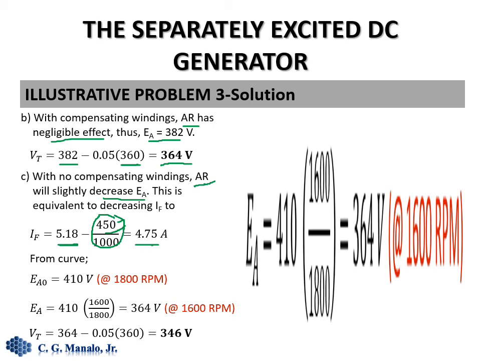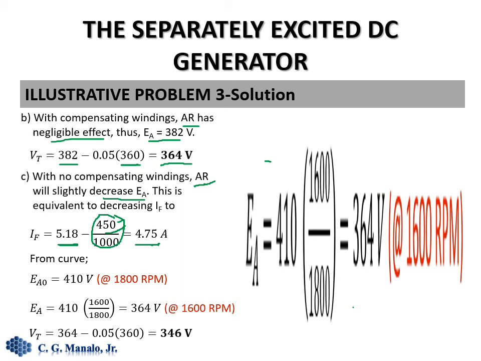So once we get a new value of I sub f, we then go back to the magnetization curve. So here is 4.75, and from there we get a value of around 410 volts for EA.